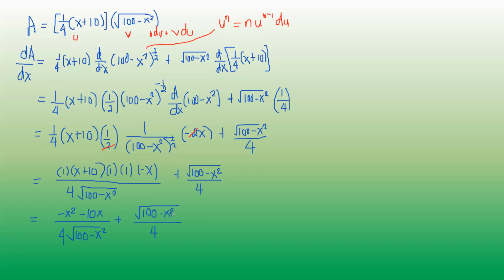Meron tayong dalawang fractions. Gamit tayo ng LCD. Okay. So our dA over dx is now equal to, so yung ating LCD ngayon, so parehas silang may 4. So kasama yung 4 sa LCD.